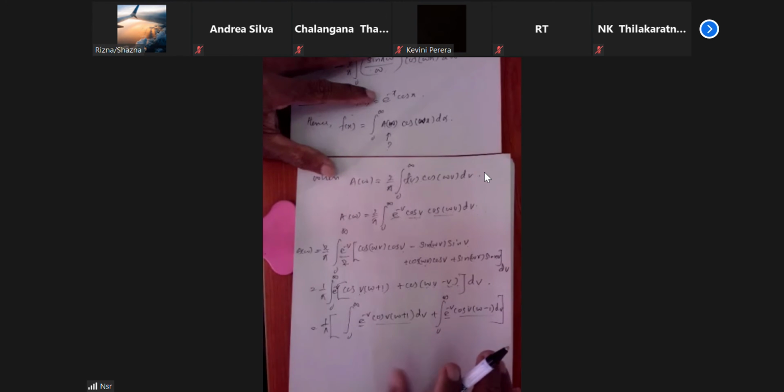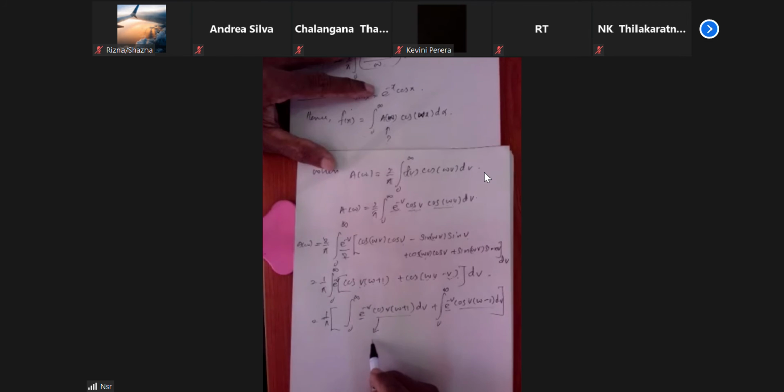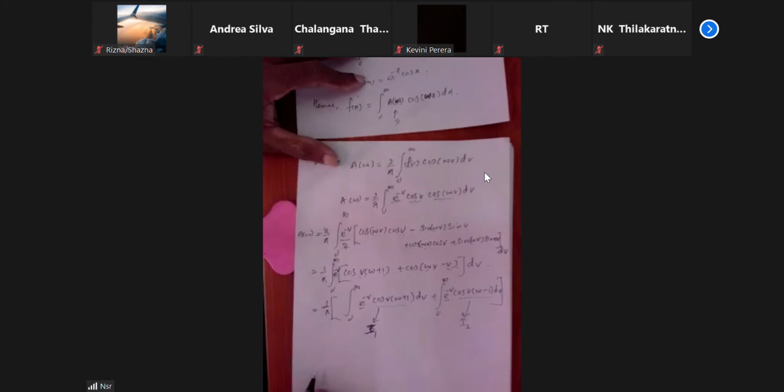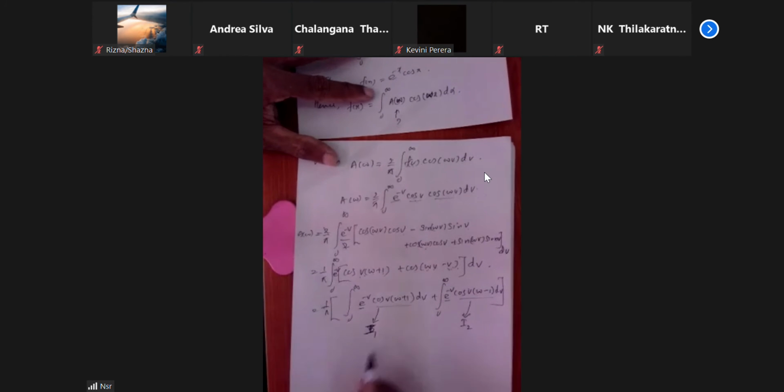Yes, sir. Okay, so now I denote this one as I1 and this one as I2, integral 1 and integral 2. So I take the I1 outside, then I1 equals the integral from 0 to infinity e to the power minus v cos v omega plus 1 dv.